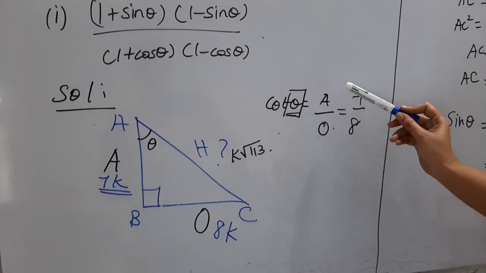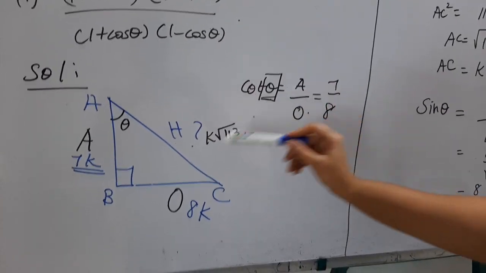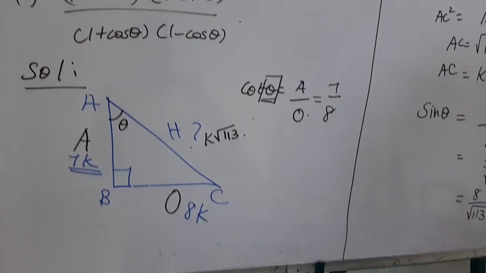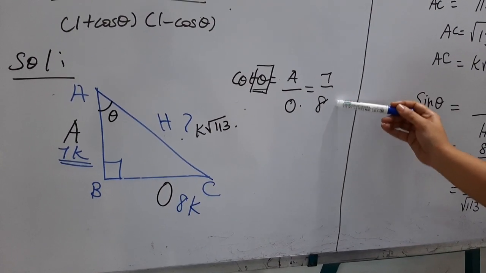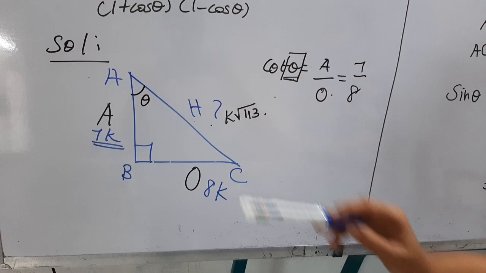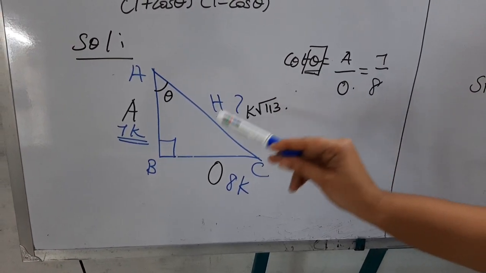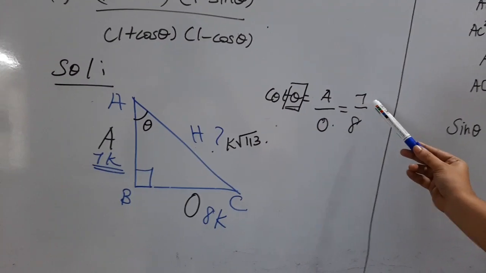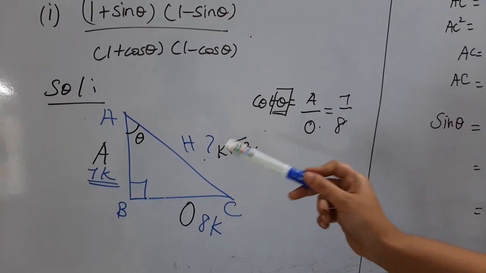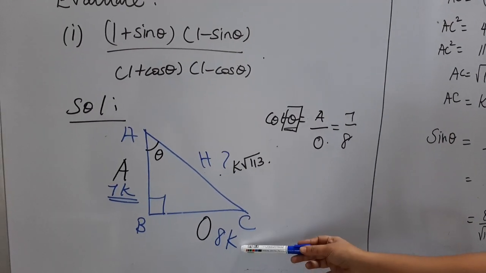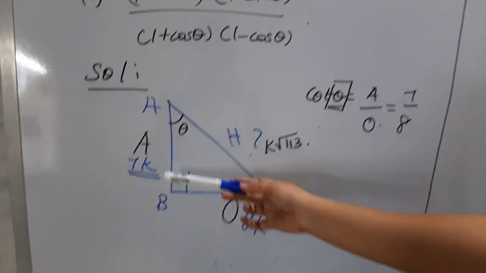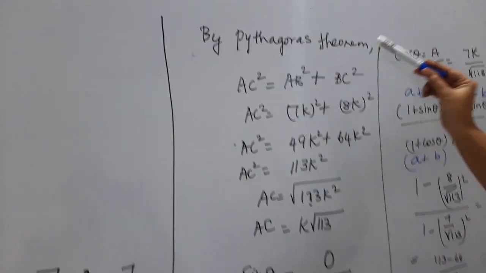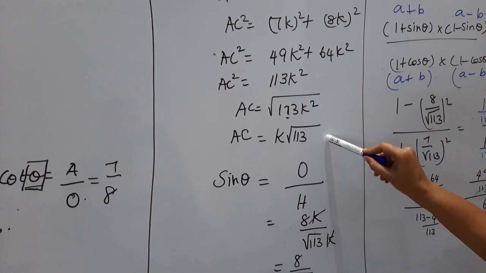Cot theta is defined as adjacent by opposite. So we wrote the adjacent value and the opposite value. We should not write the ratio as such as the values. Ratio is different, the numerical value is different. So to convert the ratio to a numerical value, we need to introduce a variable. Here I introduced k, so 7k, 8k. Then by the Pythagoras theorem, we found the value of the hypotenuse.